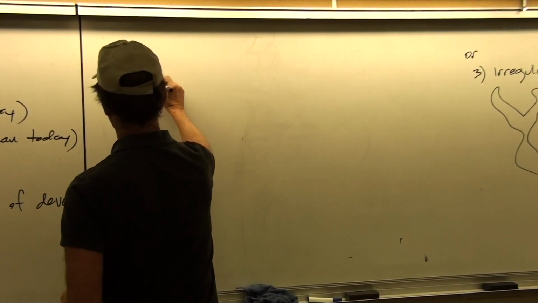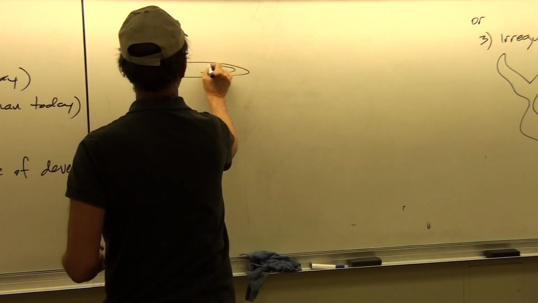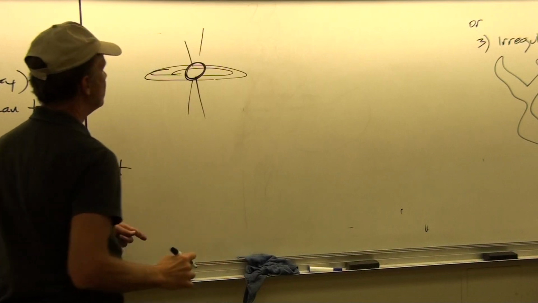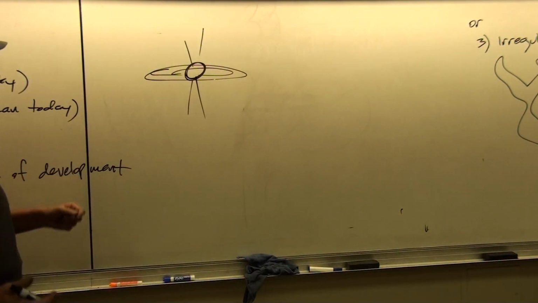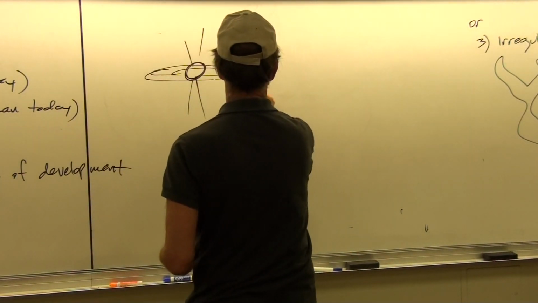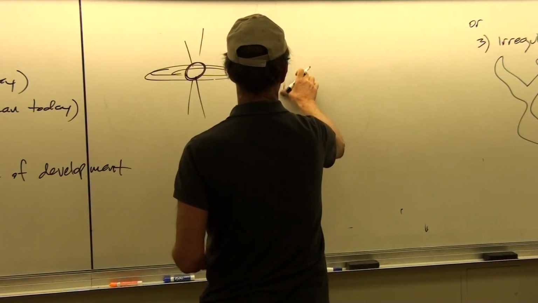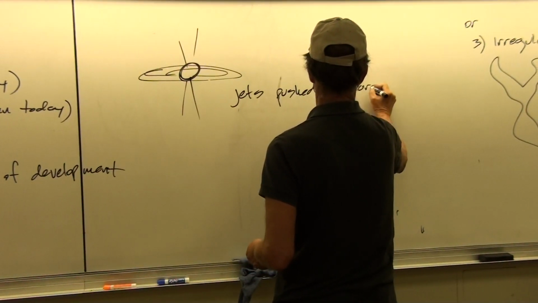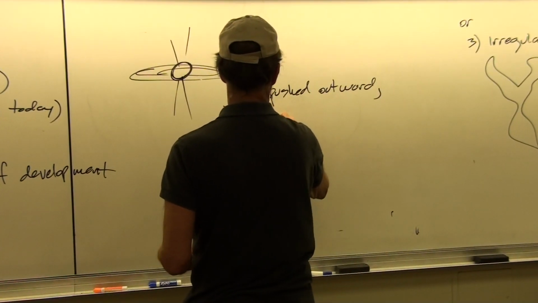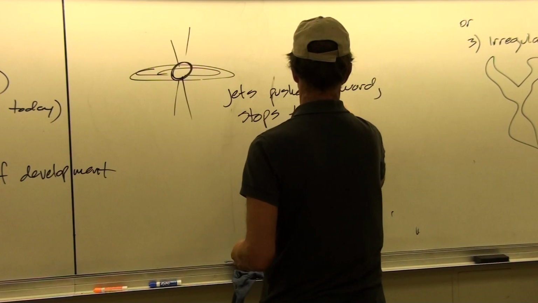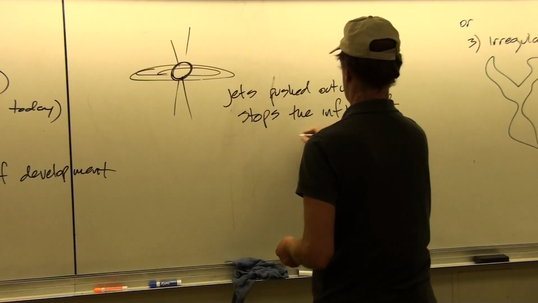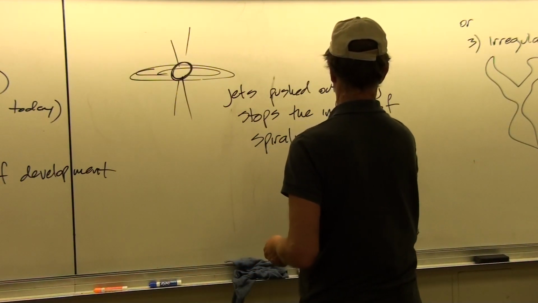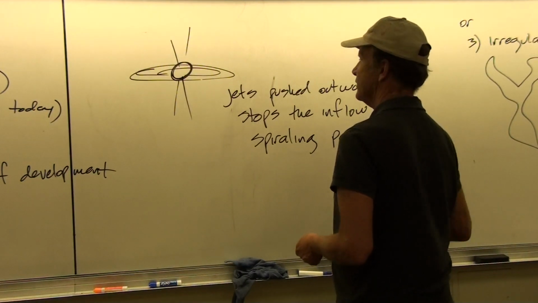But as the black hole formed from the infalling material, the jets basically started pushing on this matter and stopped the inflow. And so the quasar jets shut down.